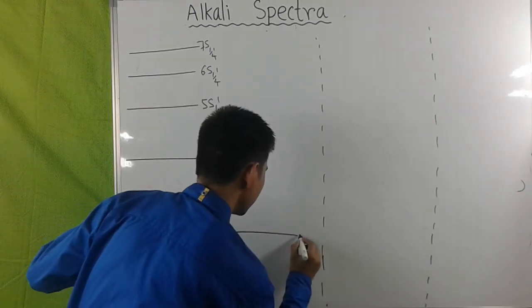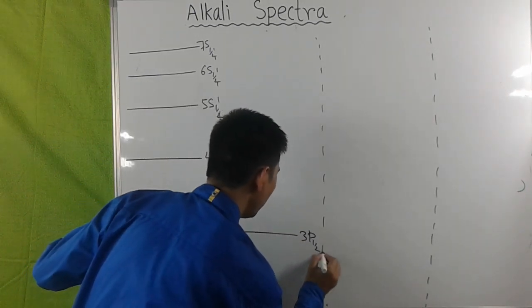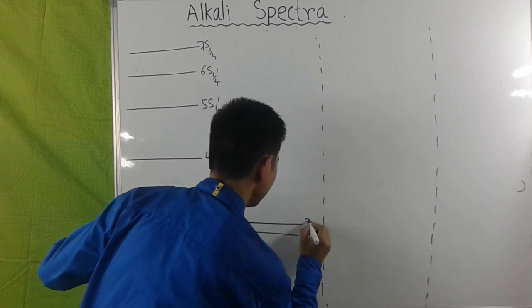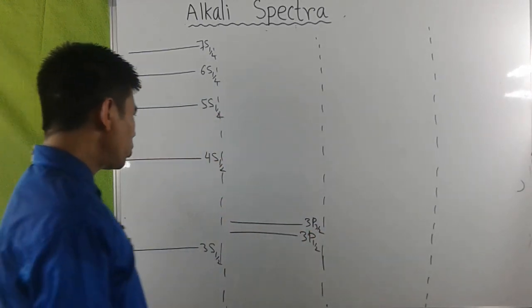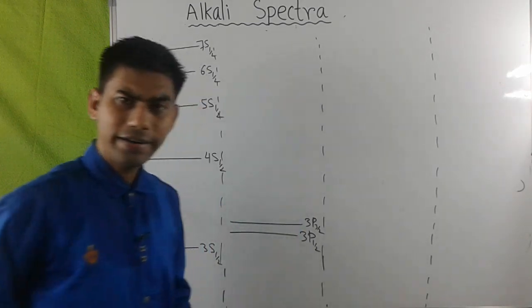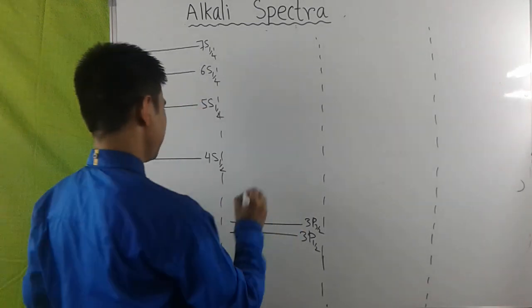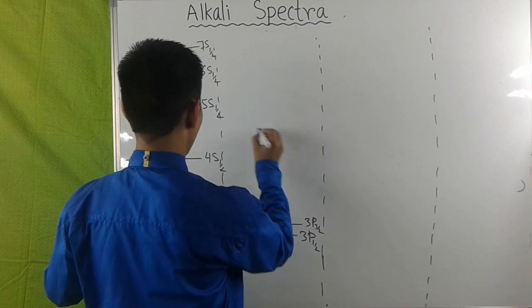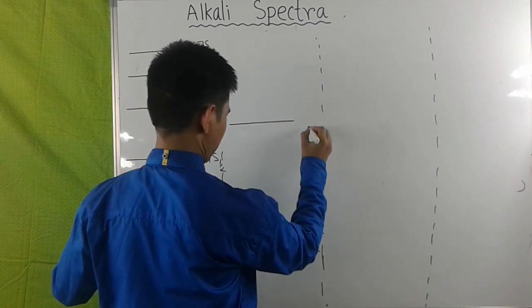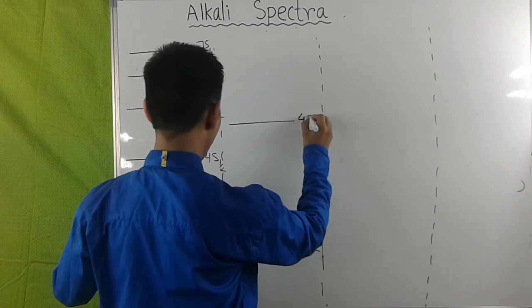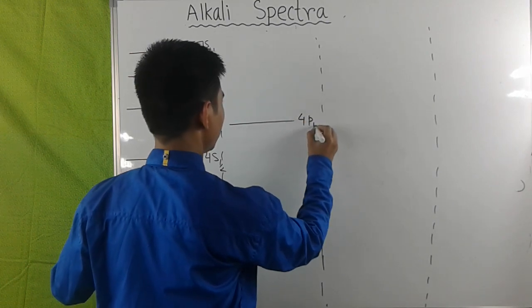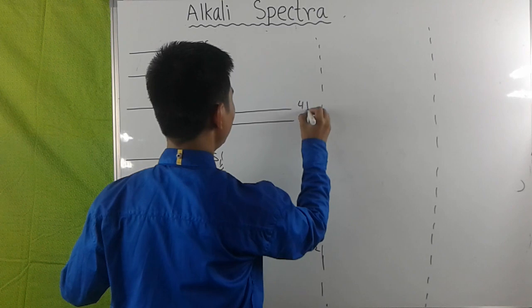Suppose this is the 3p 1/2 level and this is the 3p 3/2 level. The 4p level is also divided into two sublevels. Suppose this is the 4p 1/2 level and this is the 4p 3/2 level.